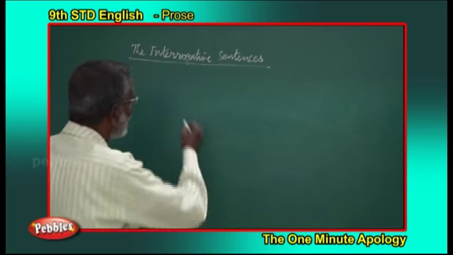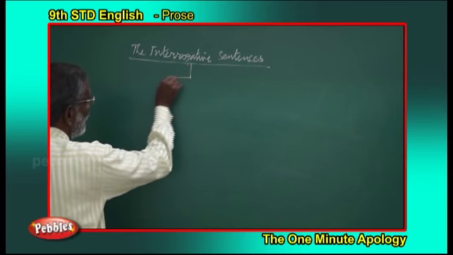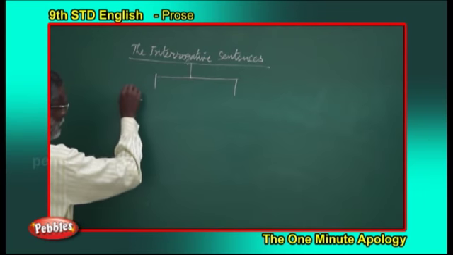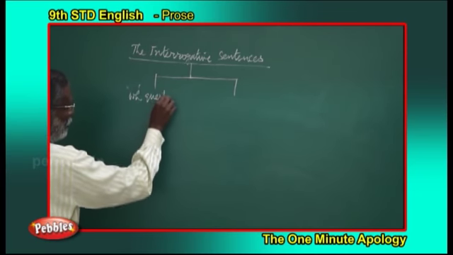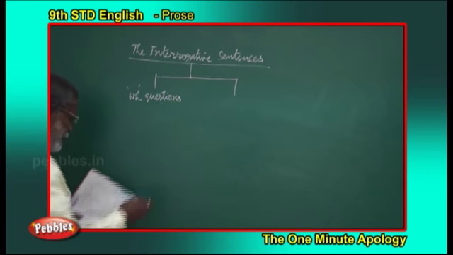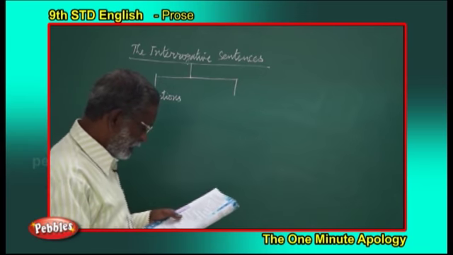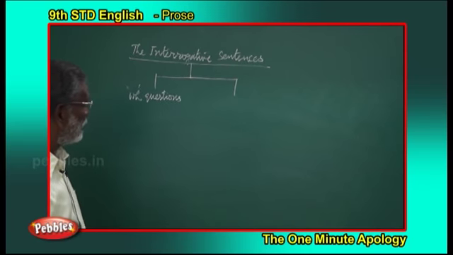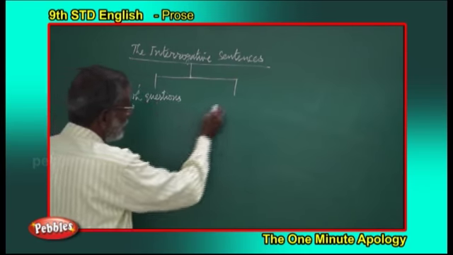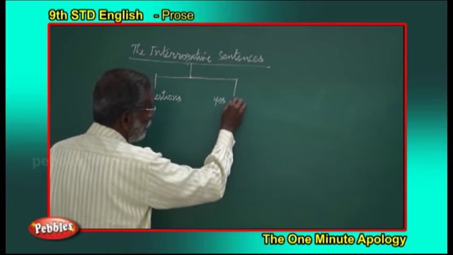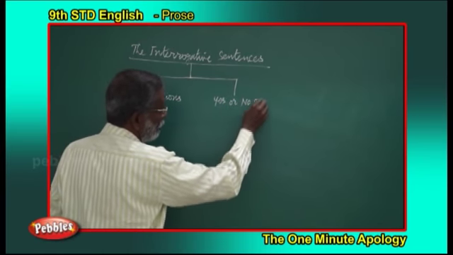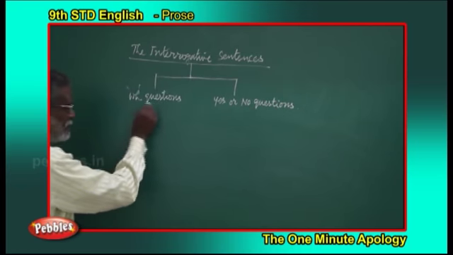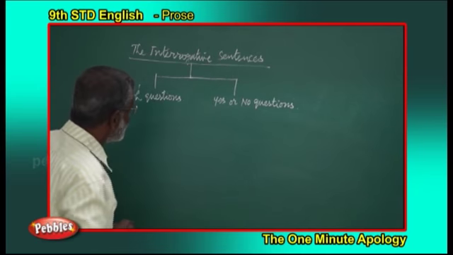You know very well that we have 2 types of questions. One is WH questions, and it is not actually WH questions, it is question word questions, and yes or no questions.